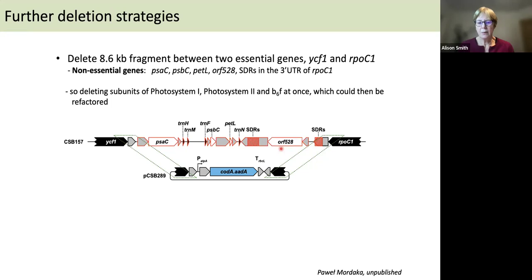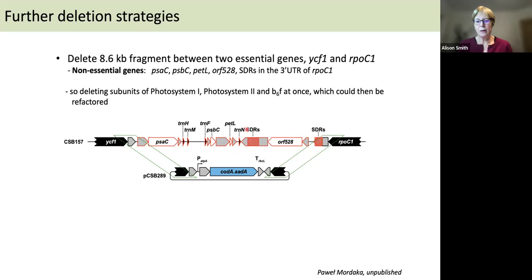So we wanted to see whether it would be possible to knock out this whole region, thus deleting the ability for 3 photosynthetic complexes to function. And that would then facilitate refactoring the genes for those photosystems in the next step.